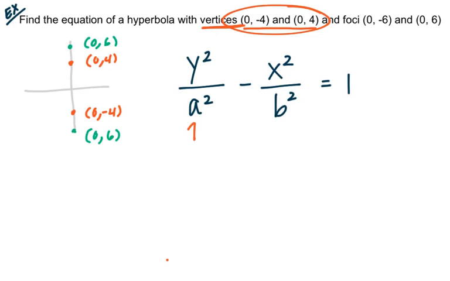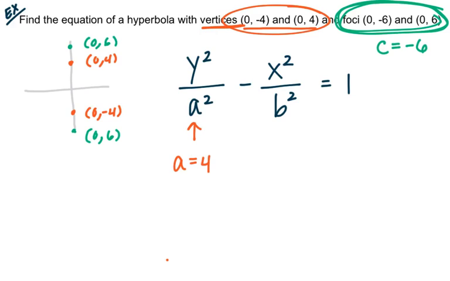So we know that a equals 4. What we do not know is the b value. The c value for foci, we know that c is going to equal -6. And c² equals a² plus b².